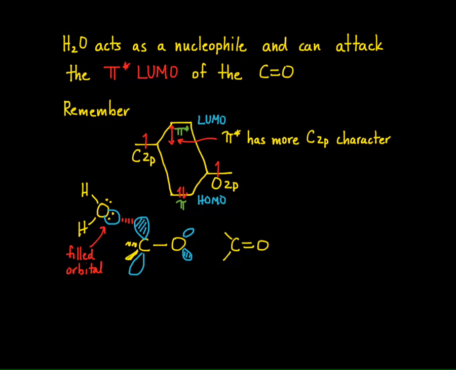We can think about this in another way in terms of resonance, where we see that oxygen is withdrawing electron density away from carbon, so carbon is taking on a partial positive charge. So the nucleophile is going to attack that carbon because it becomes a Lewis acid.